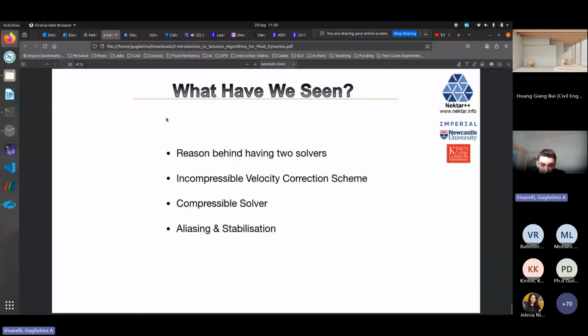So to finalize, I have given you the logic behind the two solvers, the incompressible one and the compressible one, when you would use them, and how to take shortcuts in terms of the amount of resources and runtime required. The overall philosophy around the incompressible Navier-Stokes solver goes from the time step, the high order problem, scaling of the time step, the velocity correction scheme, this IMEX formulation, the weak form, and to have a proper problem, you need the pressure boundary conditions.